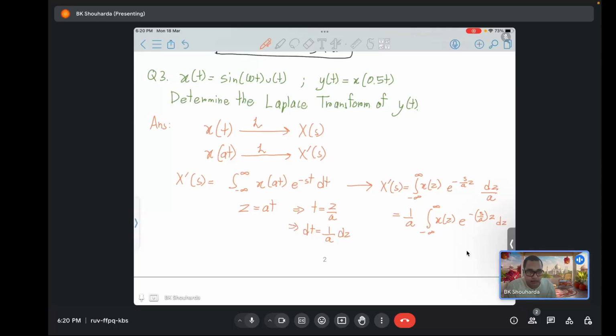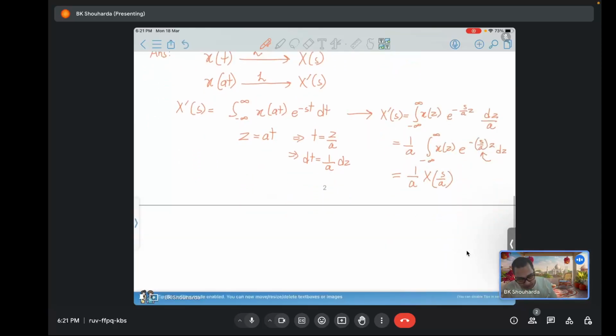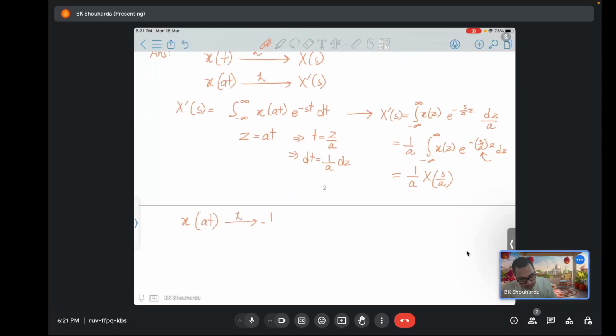This is once again a Laplace transform when the Laplace variable s is replaced by s upon a. So I can write it as 1 upon a X(s upon a). Okay, so that means that x(at) will always have a Laplace transform 1 upon a X(s upon a).